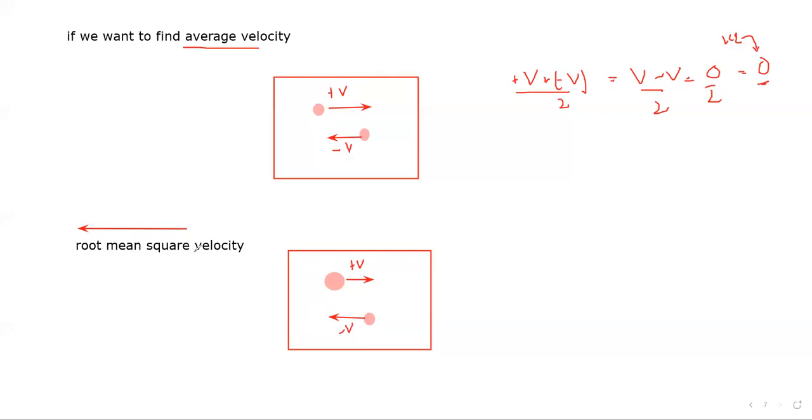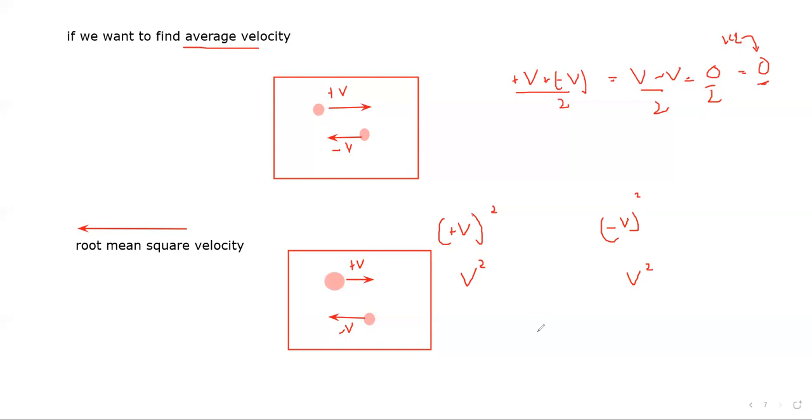First we take the square. I take the square of plus v, and the square of minus v. The square of a positive number is positive, and the square of a negative number is also positive. So both values become positive. That is v square, and that is also v square.